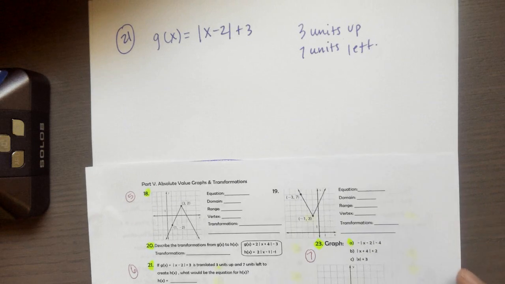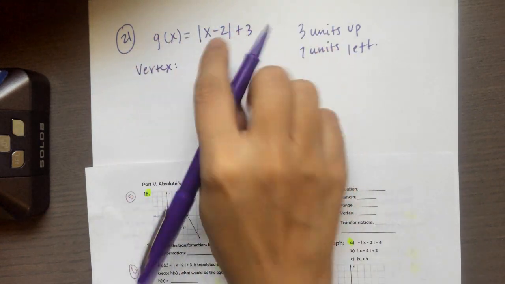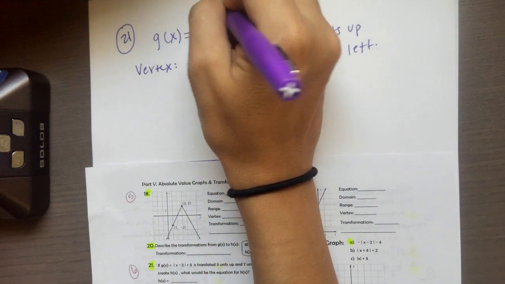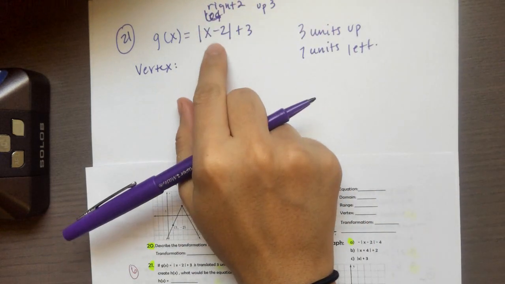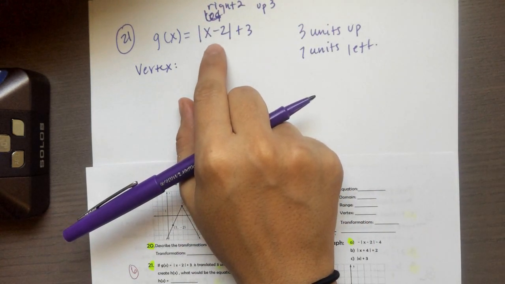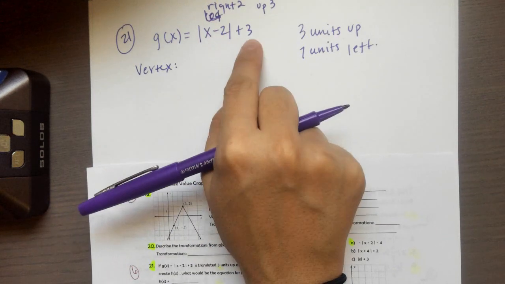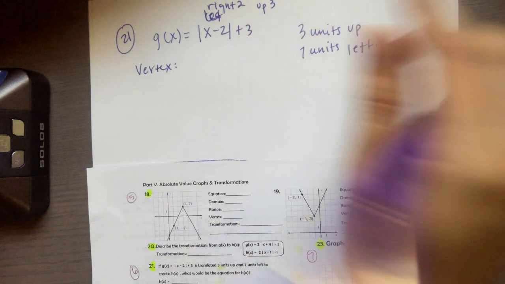Okay, so for this one, just by looking at this graph, my vertex is going to go right 2 and up 3. Why? Because on the inside it's horizontal and you do the opposite. So it looks like it goes left 2, but it actually goes right 2. And then this is vertical on the outside of the absolute value, so that means it's going to go up 3.